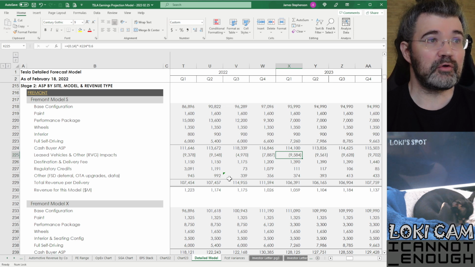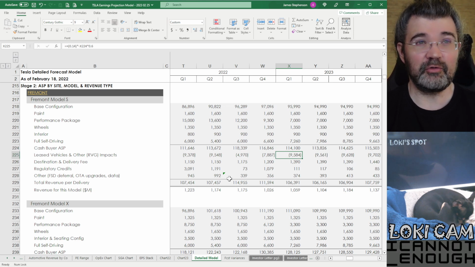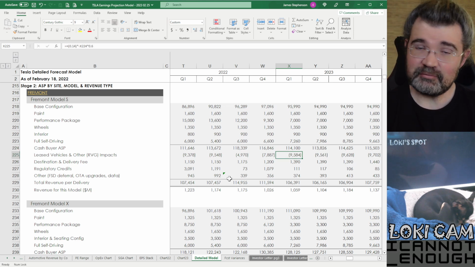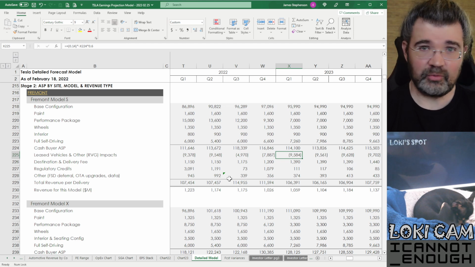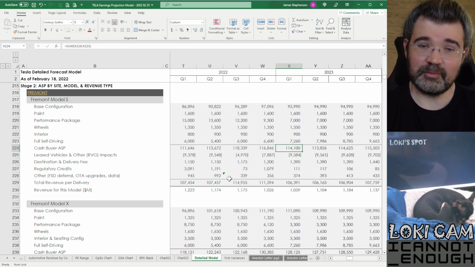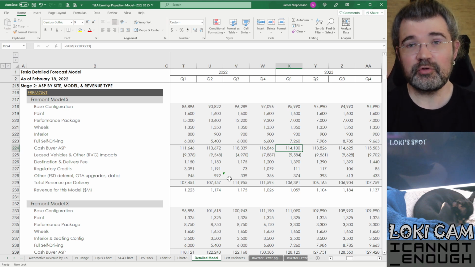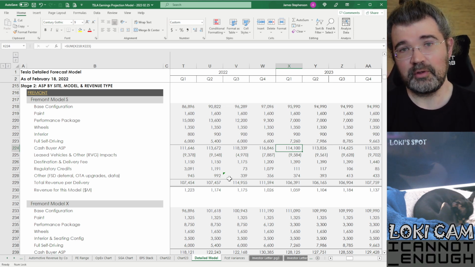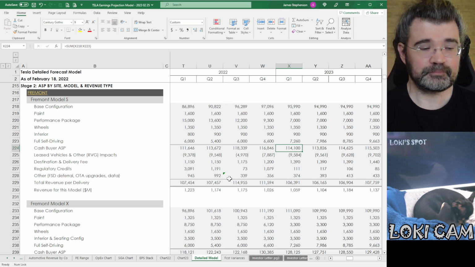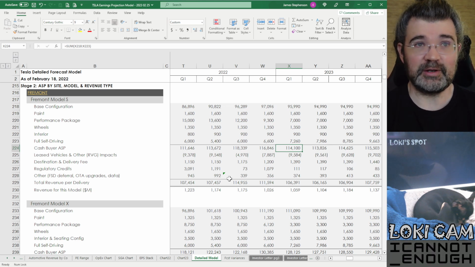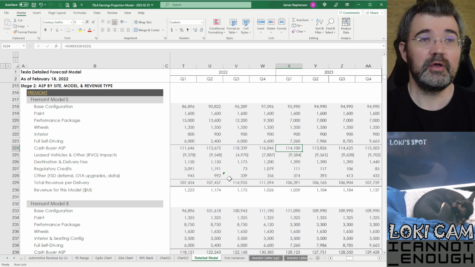What are those? The first one is a leased vehicles adjustment. We have to dock this amount for people who are leasing instead of buying their Model S, because Tesla will not get this much money from the people who are leasing the Model S. They're only going to make 3 years worth of payments that total a lesser amount than $114,000.